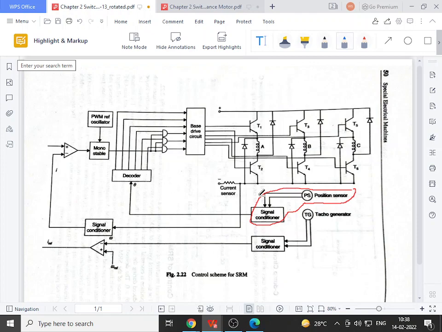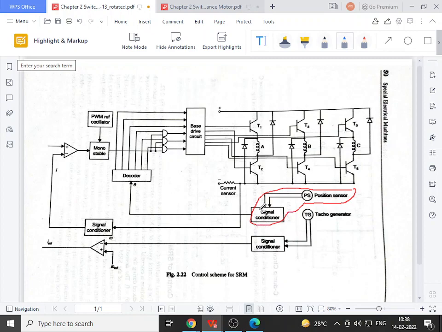Whatever unwanted signals are there in the rotor position, such as certain spikes or unwanted noise signals, can be filtered out using filter circuits. If the magnitude is low, we use an amplifier so that the magnitude rises and can easily be applied to the further control circuitry.